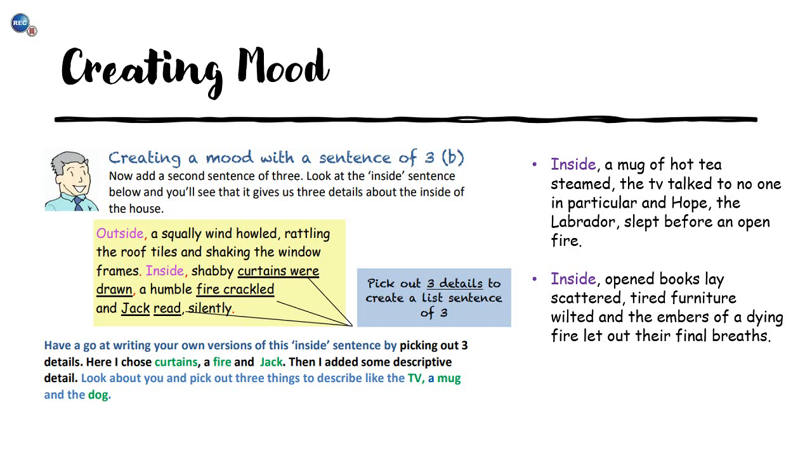Tired furniture wilted. So the idea of it just drooping, just not being looked after. It's no longer the strong, fresh furniture of when it was first bought. And the embers of a dying fire let out their final breaths. The idea of a fire dying slowly and just these final little grey and red embers being left. It just creates this negative feeling.